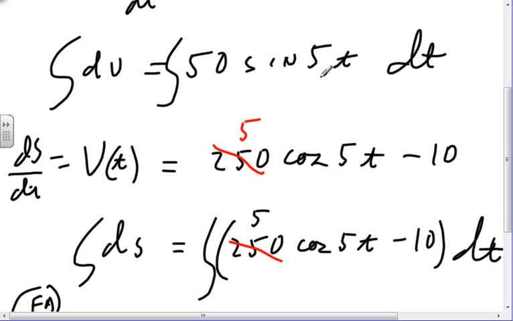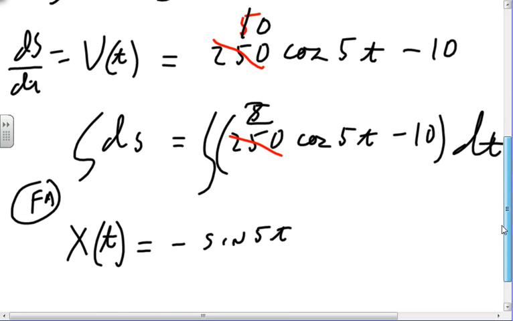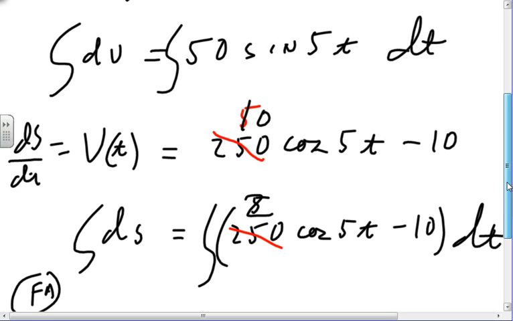No. This is 10. Is this 10? And this is 10. And then this is 2. So that's 2. No, that's still 10.